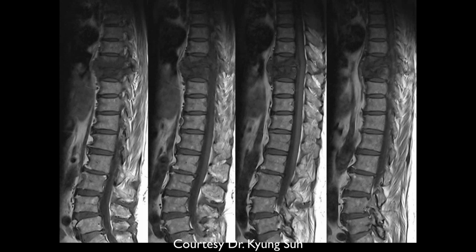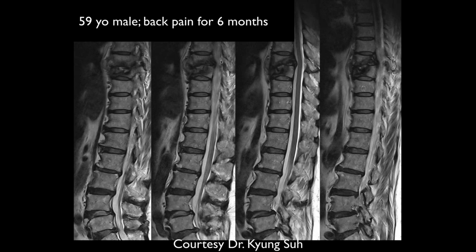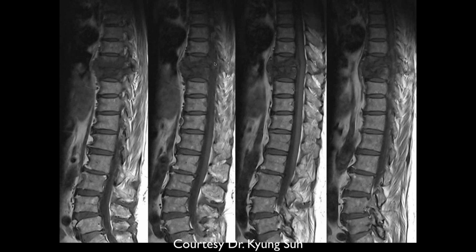Here's the T1. There's a lot in the older literature with MR, and I still think it's very helpful. When you see end plates on all the sequences like the STIR, and on the T1 they go away, so you really don't see the end plates very well, that's very characteristic of infection.